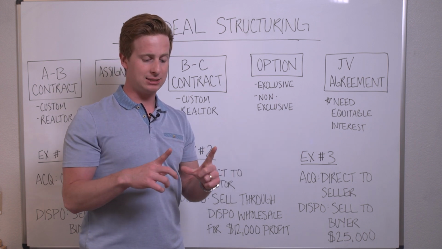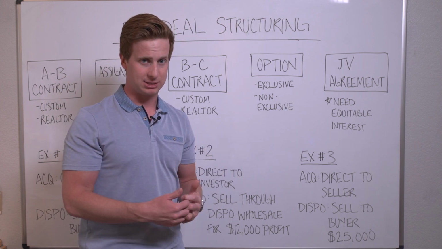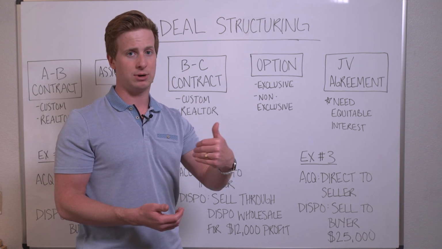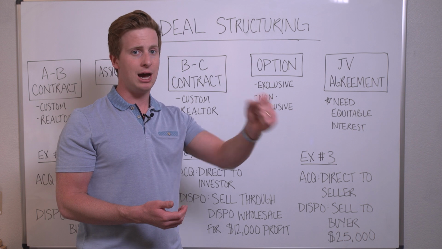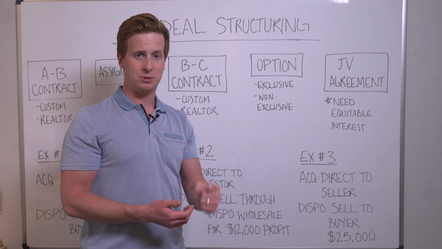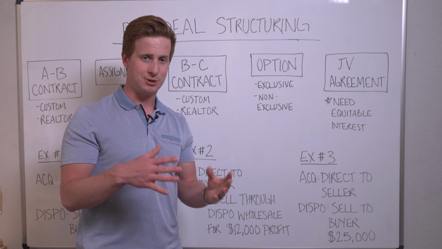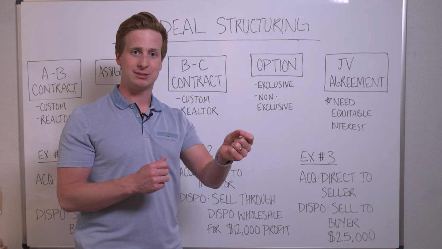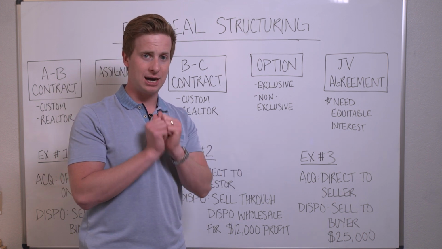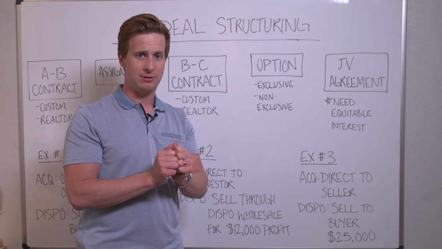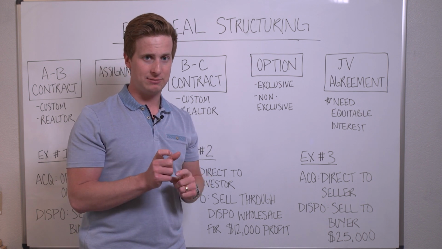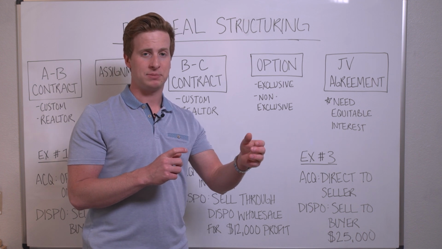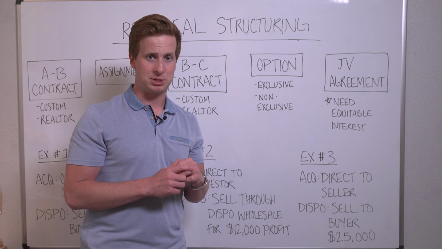So if I sign an option with you, let's say I have a house and I'm a seller, and I'm not going to sign a contract with you directly, or you don't want to buy right now, but you want the option to buy my house at $125,000, it's a little house, $125,000 anytime in the next 2 months, right? You would sign an option agreement with me, right? That for $125,000, you have the option to purchase anytime in the next 2 months. And you might pay me a fee for that option, right?